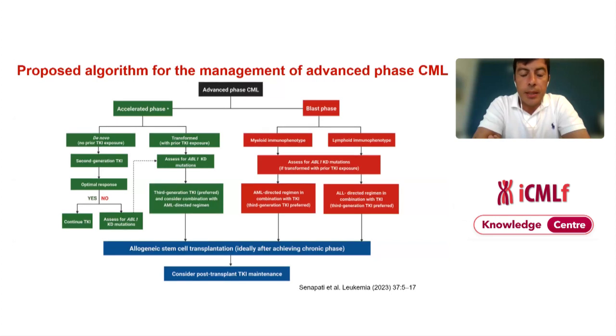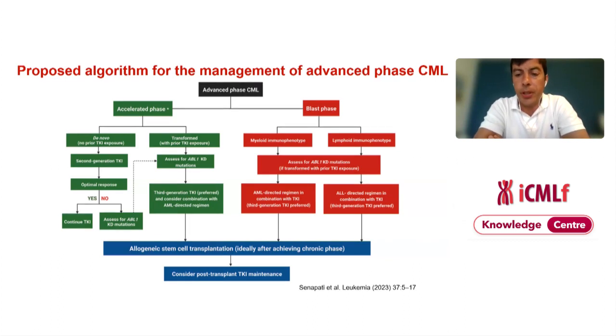If the patient has a secondary accelerated phase, so he progressed to accelerated phase after a diagnosis in chronic phase, this patient should be treated with ponatinib if possible, or with ponatinib in combination with conventional chemotherapy, which can be chosen according to the phenotype of blast cells, and we should make that patient a candidate for allogeneic bone marrow transplantation.